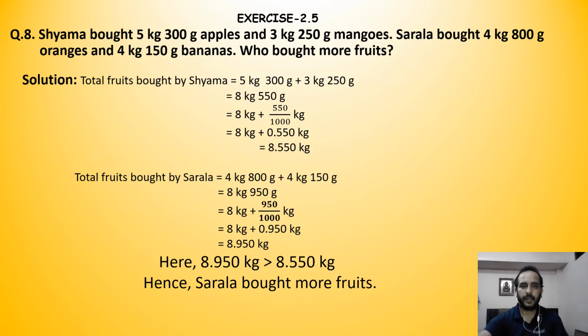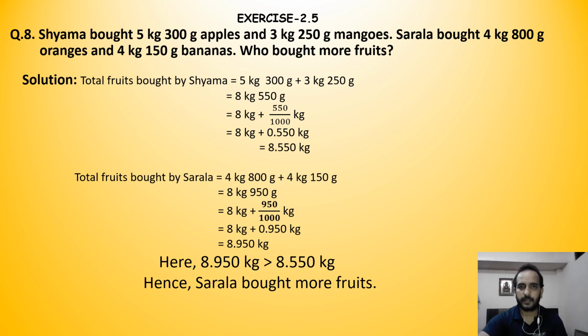Now question number 8 we have here. Shyama bought 5 kilogram 300 gram apples and 3 kg 250 gram mangoes. Sarla bought 4 kg 800 gram oranges and 4 kg 150 gram bananas. Who bought more fruits? Here the solution is saying that the total fruits bought by Shyama, the first lady, she has bought two types of fruits.